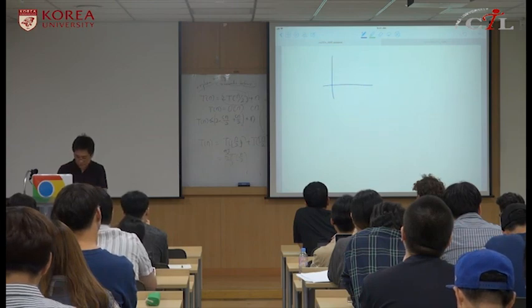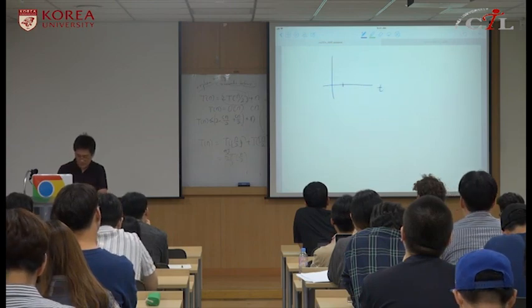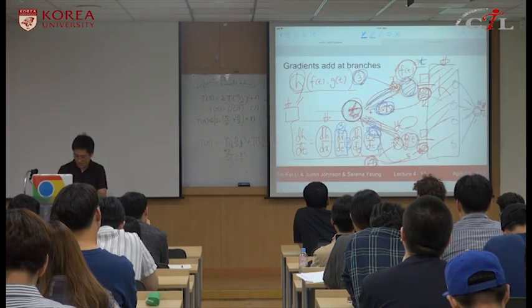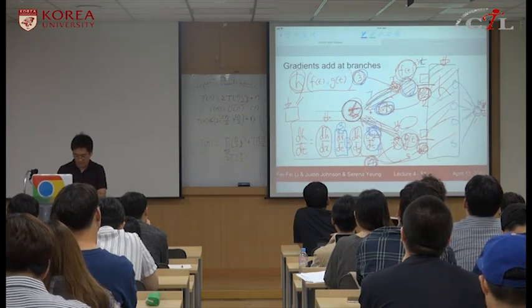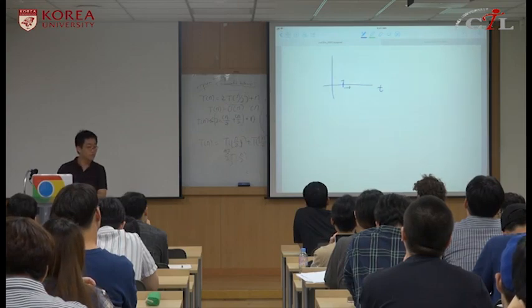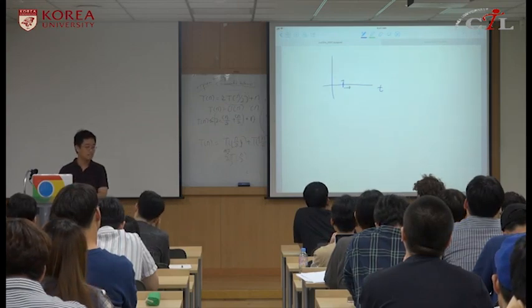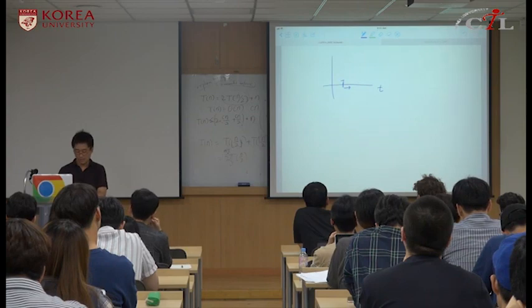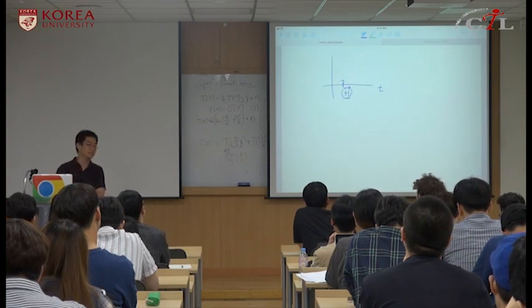That is because we want to move t. Suppose the current t is maybe 7, and at 7, we want to nudge this value of t by +1 or -1, a unit length.